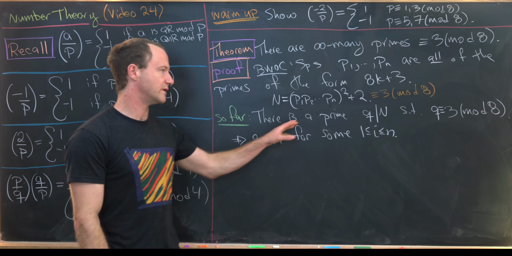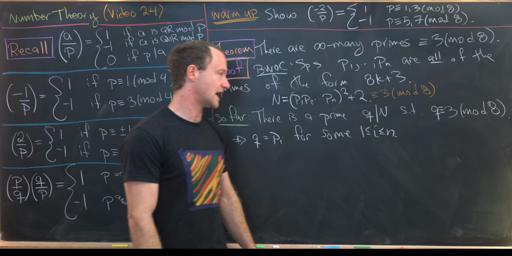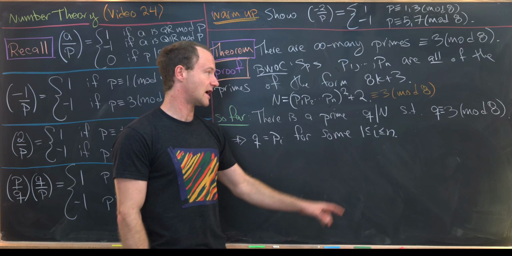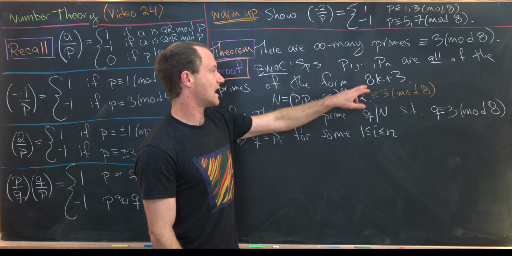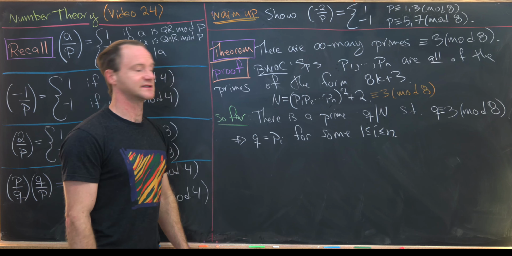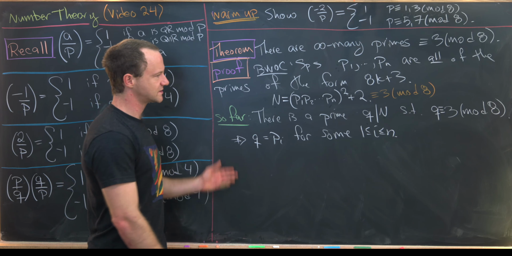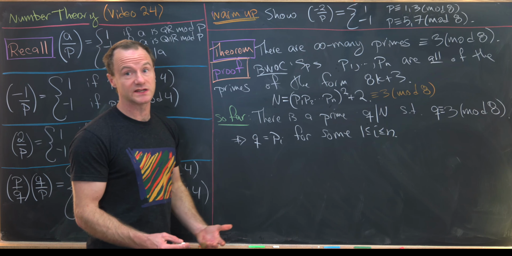Why is that? Well, we've got a prime which is 8k plus 3, in other words, it's 3 mod 8, that divides n. But all of the primes that are 8k plus 3 come from this list. So now that's really going to cause a problem.